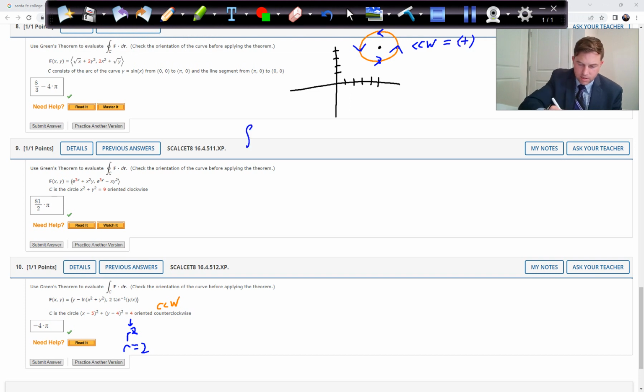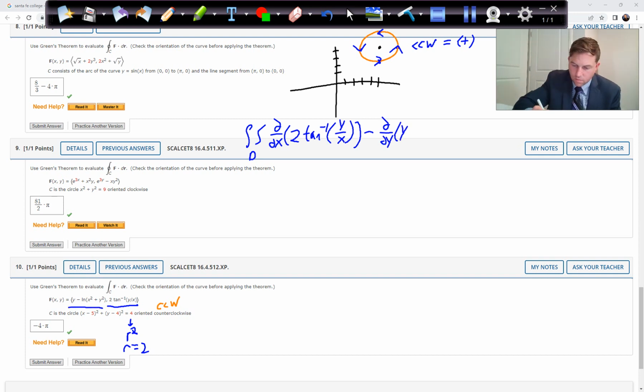So we do that double integral, and we're going to have the partial with respect to x of the y component, 2 arctangent of y over x, minus the partial with respect to y of the first component, y minus natural log of x squared plus y squared, dA.